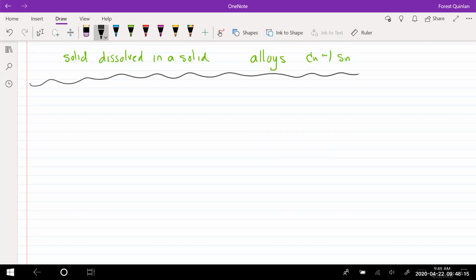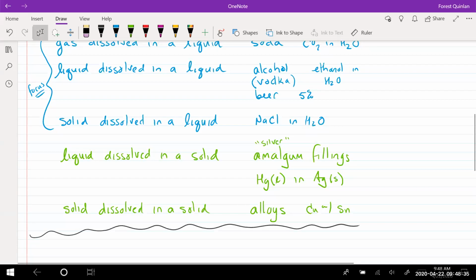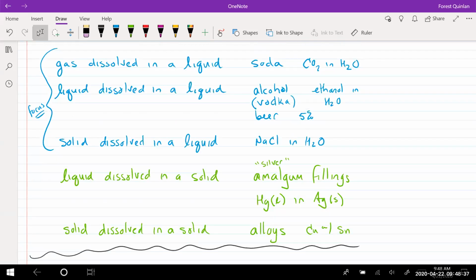When we look at a solute dissolved into a solvent, that has everything to do with intermolecular forces, and there are factors that will actually affect each of these abilities to dissolve into each other separately. The first one I'm going to talk about is the gas dissolved in a liquid.